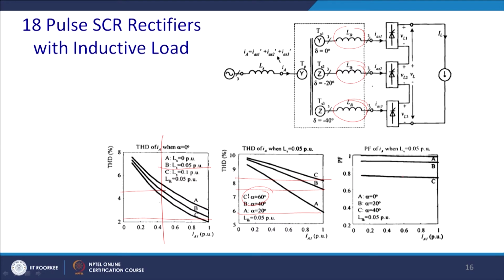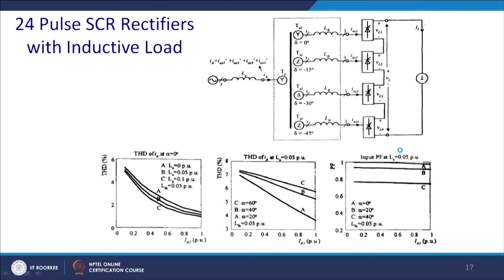you get close to 0.78, and for B you get close to 0.9293, and for A you get very close to 0.9598, something like that. So this is the overall 18 pulse converter. The same concept can be extended to the 24 pulse converter, and let us see what the benefit of this is.